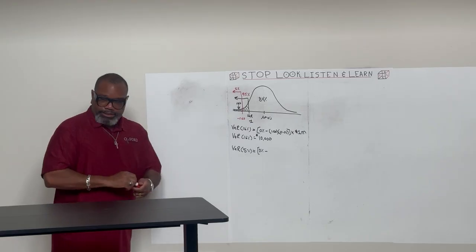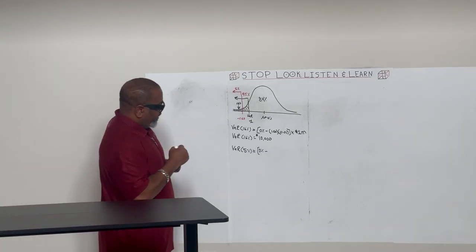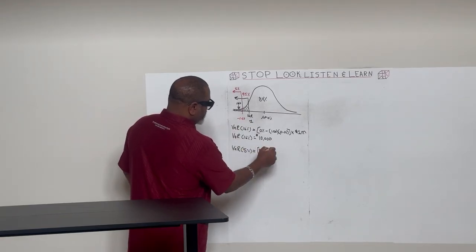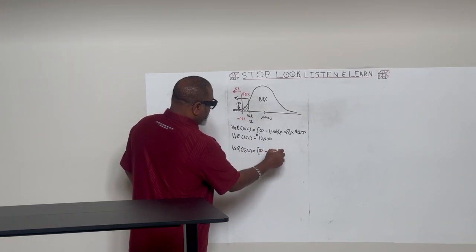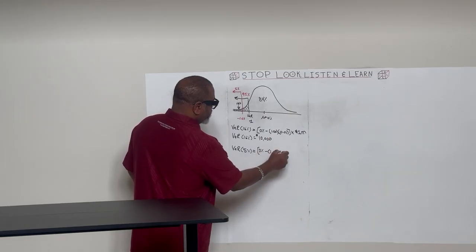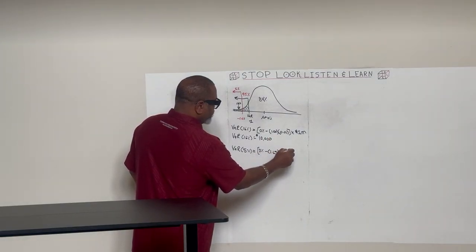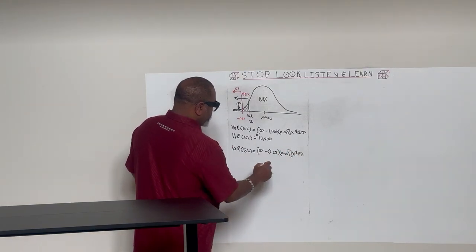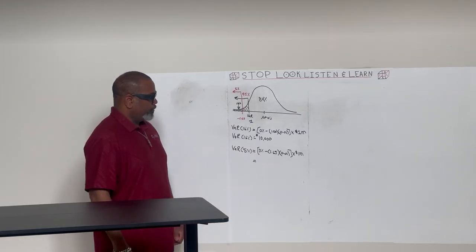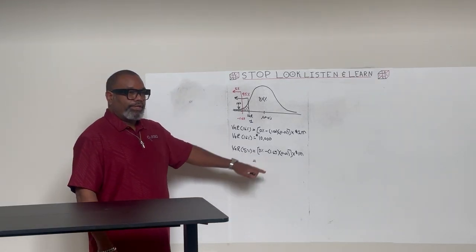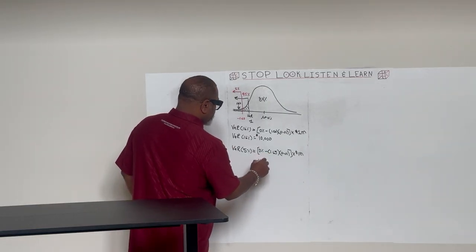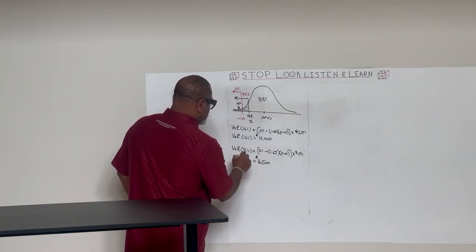So what that would mean is that it would be minus, and then you would drop the 1.65 in here, which is the Z-score, multiplied by the standard deviation, and then you multiply that again by $1 million, and that is going to give you the amount of the VaR here, which is $16,500.